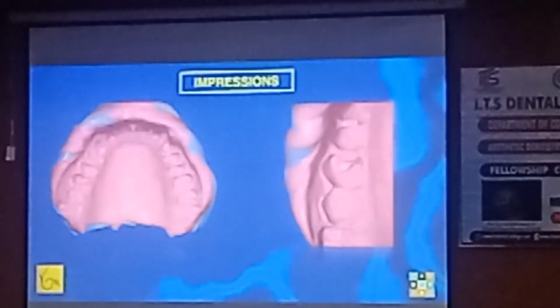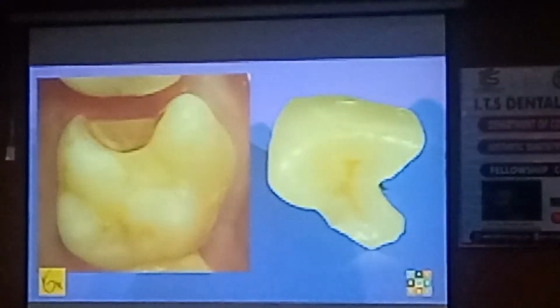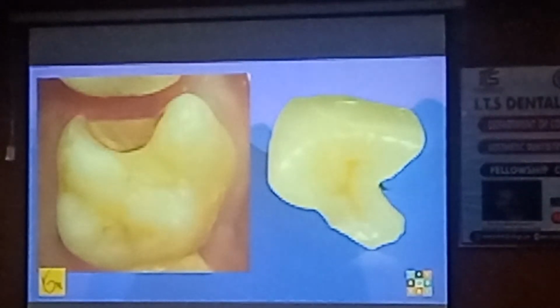So I'll show you a few cases where I've used the scanner also. Here you could see how the preparation is made, and this is your first look of your restoration. This is pre-op, this is the cavity preparation, and here the restoration is cemented in place.